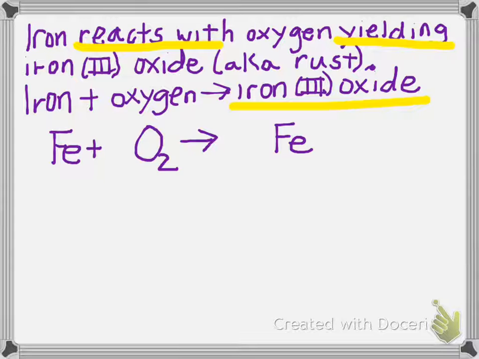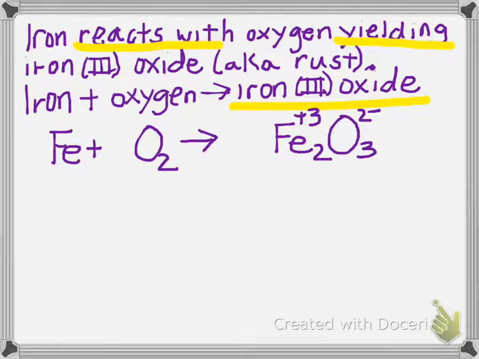What's the charge on iron here? Remember the 3 Roman numeral is telling me the charge on my iron, so it's plus 3. Oxide is the formula O, and I know that it has a charge of -2 because it's in group 6A. So I have my symbols and my charges. I crisscross, so my 2 and my 3.